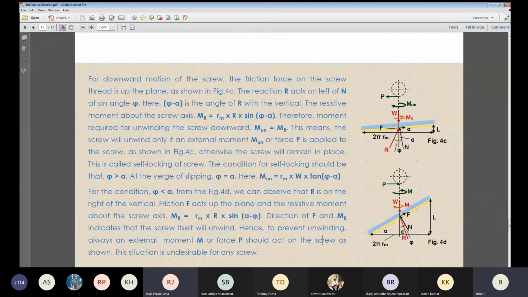All these are on the mean radius. So here I have drawn the stretched figure of a stretched thread going through the mean radius. That is the situation.